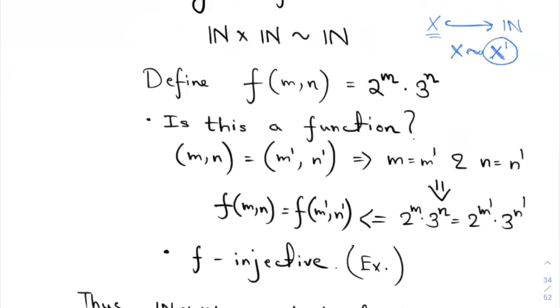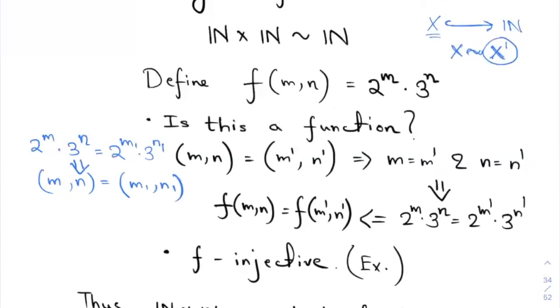You have to show that if 2 to the power m times 3 to the power n is equal to 2 to the power m1 times 3 to the power n1, so if the images are the same, then the inputs must be the same. Inputs are (m, n), so this should imply that (m, n) is equal to (m1, n1).